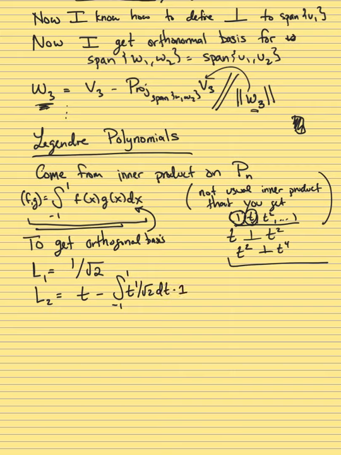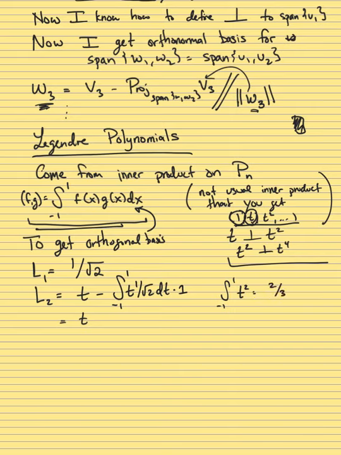This is the inner product times the vector, and here we're lucky, this just goes to 0, so we just get t. And then we have to remember that the integral from -1 to 1 of t squared is 2/3.